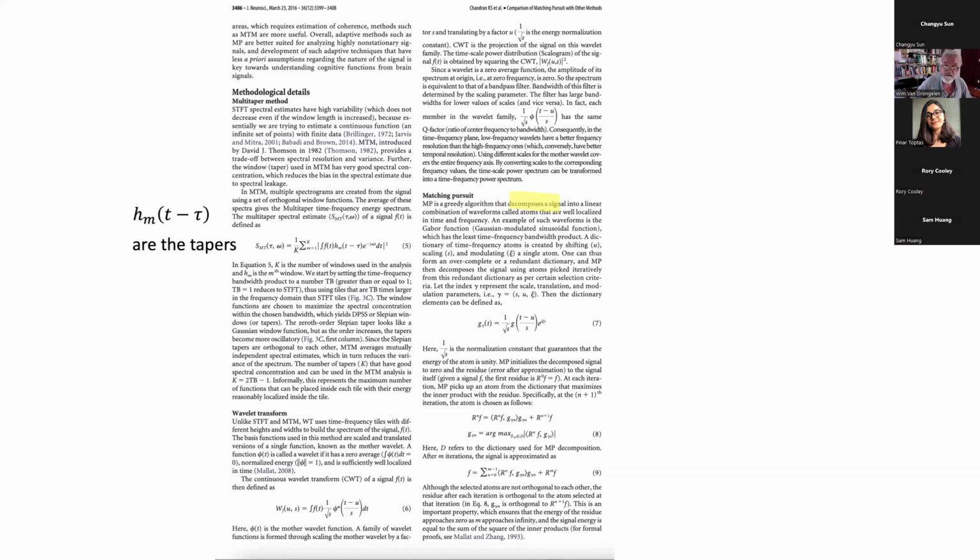But since this is a paper about matching pursuit, let's kind of talk about that. And the idea is that you have a dictionary of signals, and they call that atoms, and you are going to decompose your signal by picking the atoms one after another as they fit best.